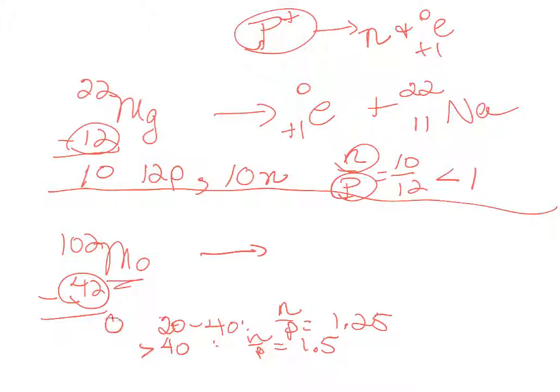All right, so 102 minus 42 is 60 neutrons and 42 protons. So the neutron to proton ratio is 60 to 42, which is real close to 1.5, a little bit less than 1.5. So we could use more neutrons, need more.